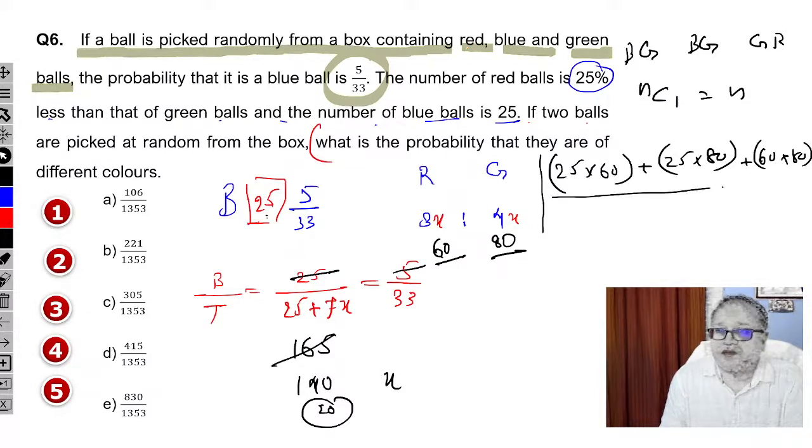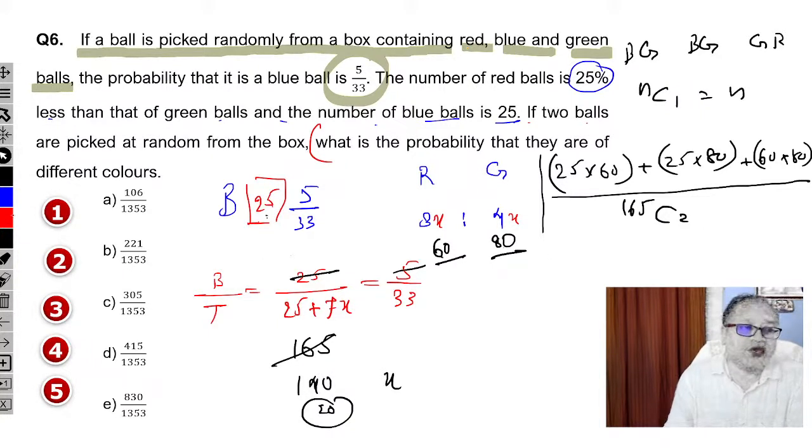By how many total balls are there? That is 80 plus 60, 140, and 25, which is 165. So 165C2, which you can write as 165 into 164 divided by 2. Okay, let's see who answers this question.